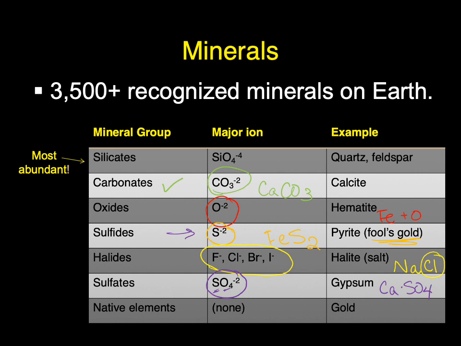Last but not least, and we'll talk about this in a little bit, you can have native elements. So literally you're going to have mineral groups that are made up of just the actual element. Things like gold and silver are good examples of native elements. They are not mixed with any other major ions. They are just the metal atoms.